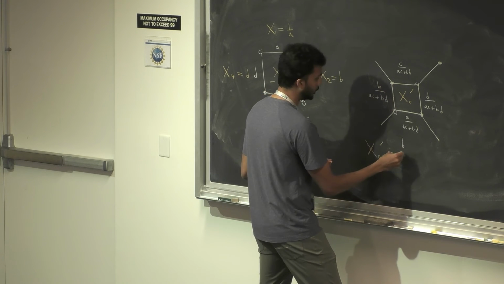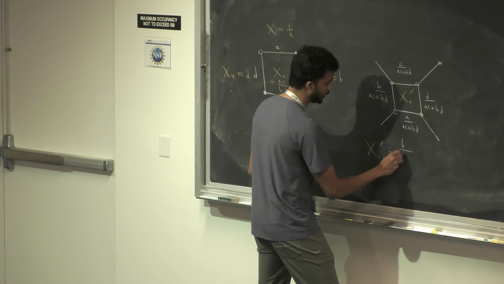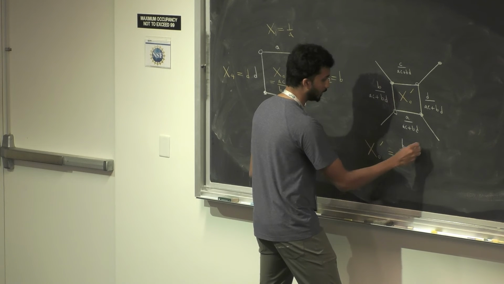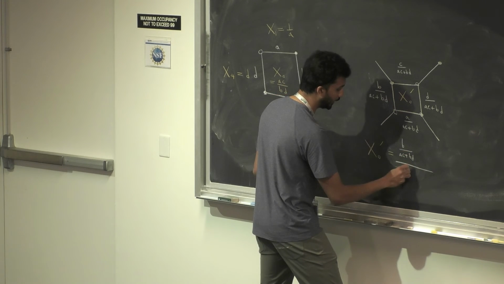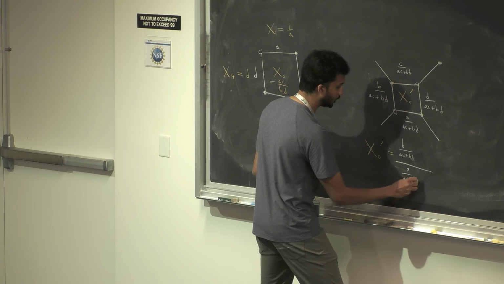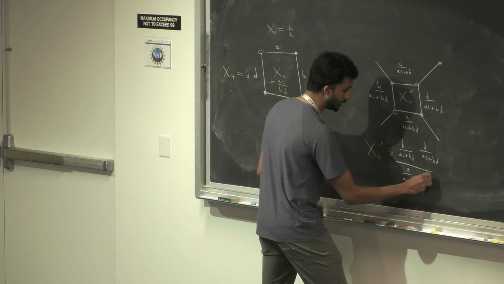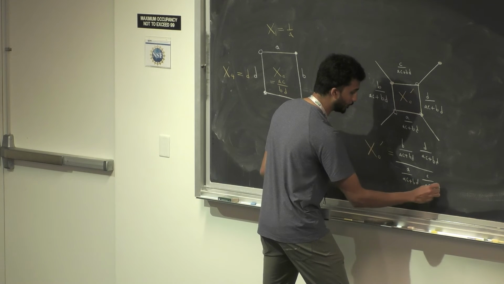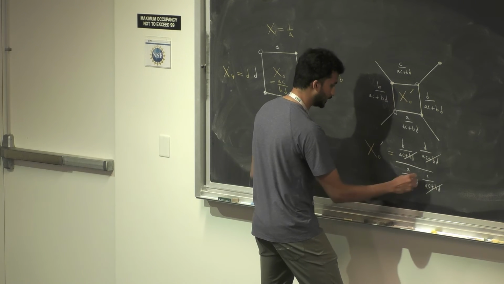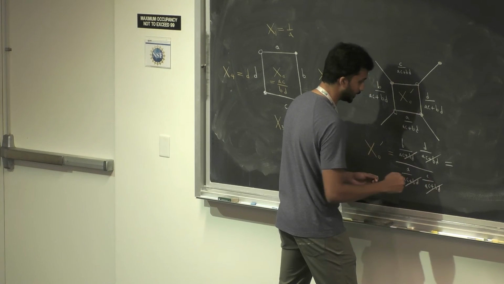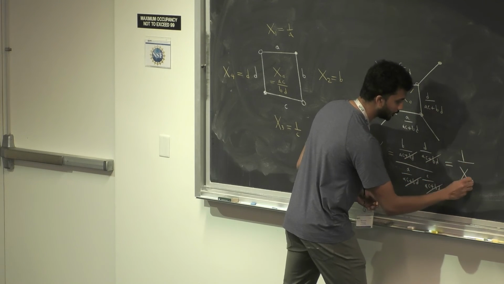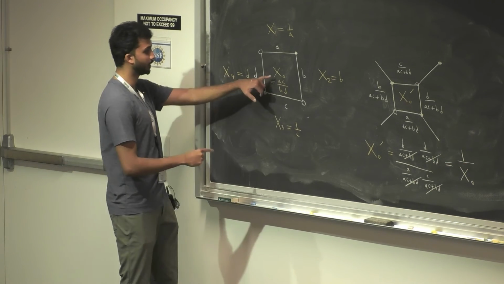So this is B over AC plus BD divided by A over AC plus BD, D over AC plus BD, C, and these cancel out. And you see that this is 1 over x0, 1 over what it used to be.